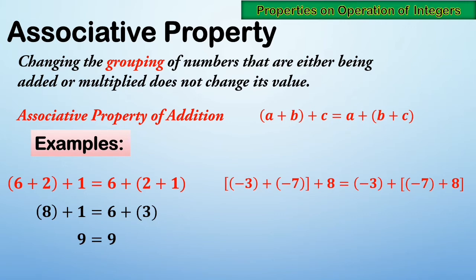Then, dito naman, negative 7 plus 8, ang sagot is positive 1. Okay, meron siya ganyan. Negative 10 plus 8. Then, copy negative 3. Then, negative 7 plus 8 is positive 1. Negative 10 plus 8 is negative 2. Negative 3 plus 1, the answer is negative 2. And that is associative property of addition.